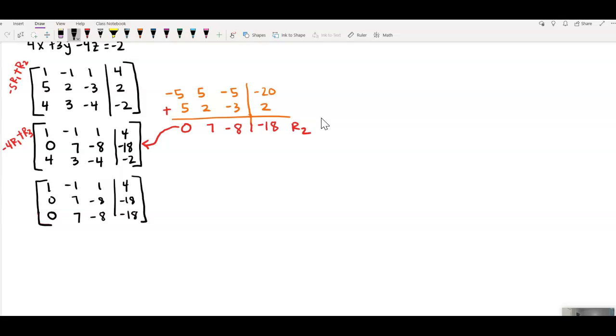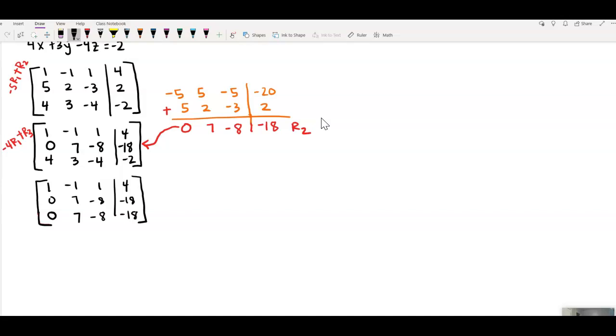Okay, now what do you notice at this point? Looks kind of weird here. The second two equations are both the same. So that is telling me we've got a dependent system happening here because these two ended up being the same.